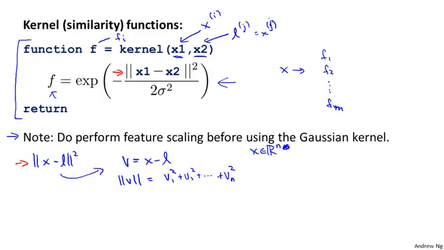So let's pretend x is in Rn, and the square on the left side is what makes this correct.